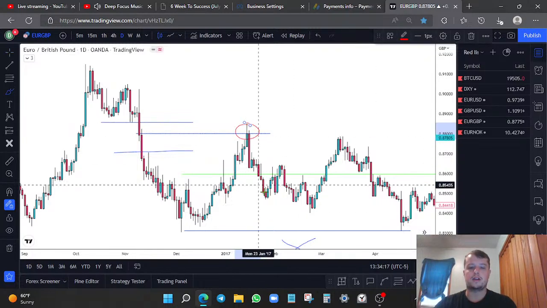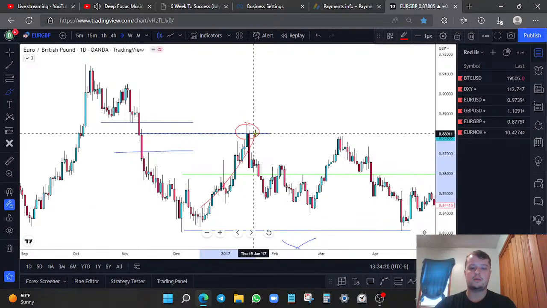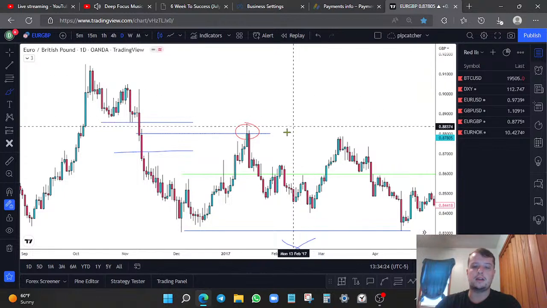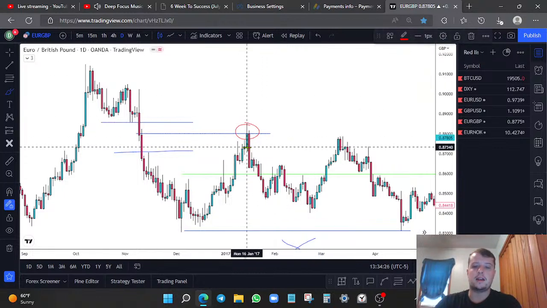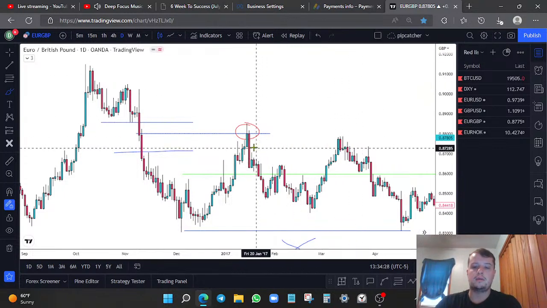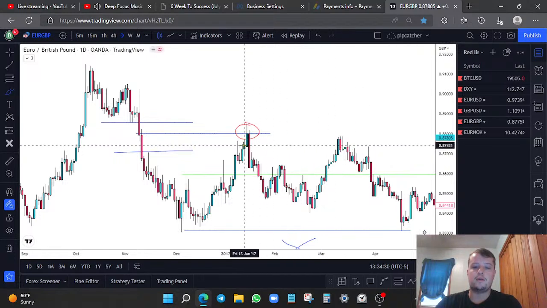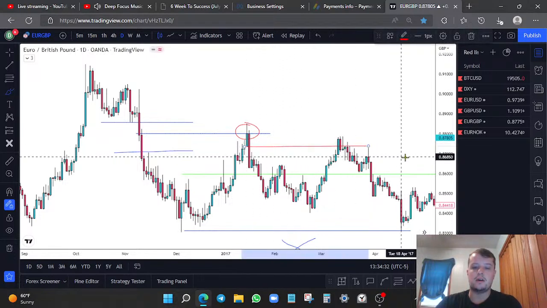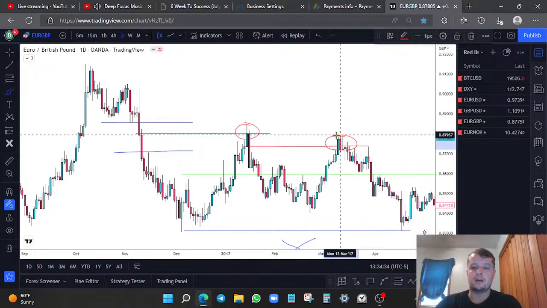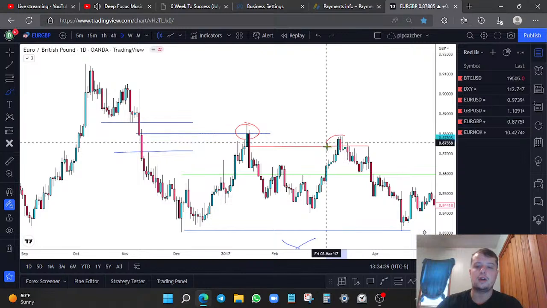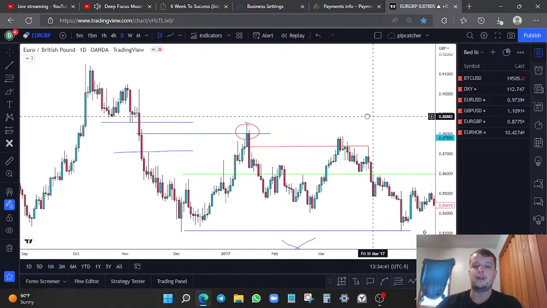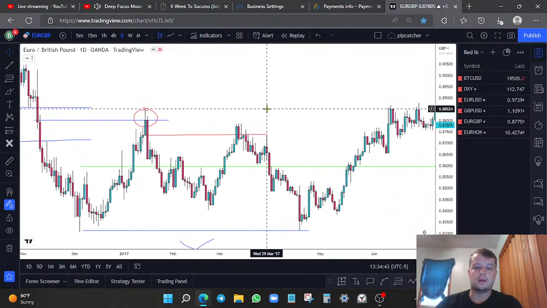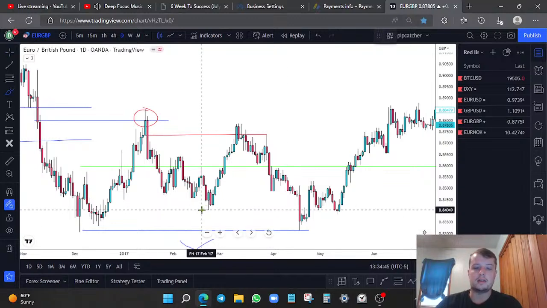Price gives us a rejection pretty fast, a volatile move back to the downside, leaving that last bit of buying before the sell-off. And we could be looking in this area maybe for the lower time frame break of structure, lower time frame entry, and yeah, you would make money. TP would be down here at the low.